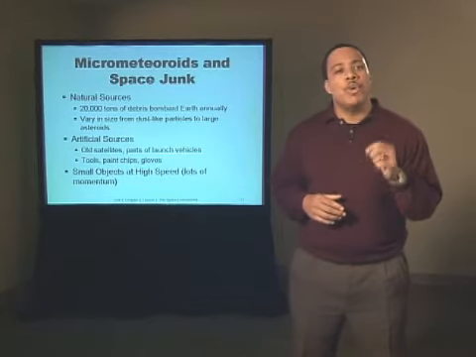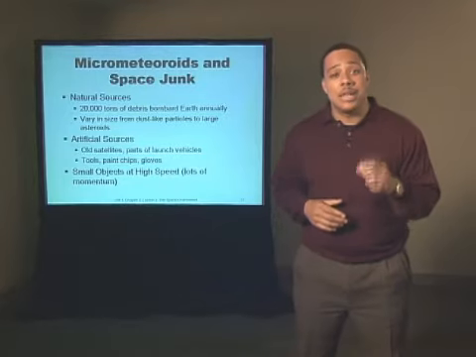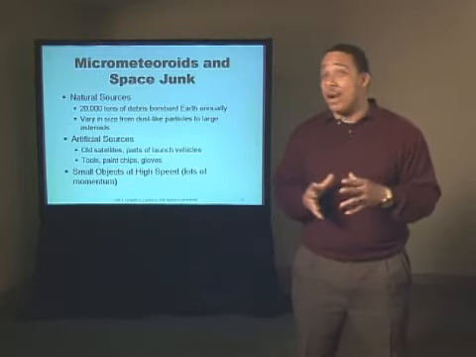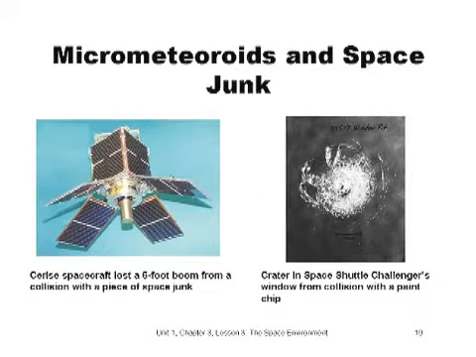What would happen if you were hit by a small bolt that was going over 17,000 miles per hour? Ouch! One of the earliest pieces of space junk was the glove of Gemini 4 astronaut Ed White during America's first spacewalk. You may never have thought a glove could be dangerous, but now you can see why. Even though the particles may be very small, their high velocities give the momentum and the potential to damage spacecraft.